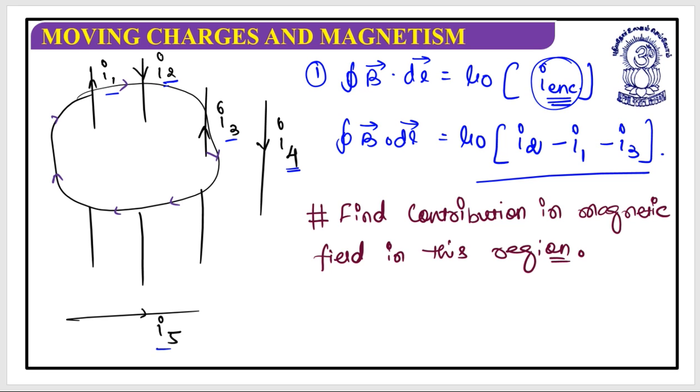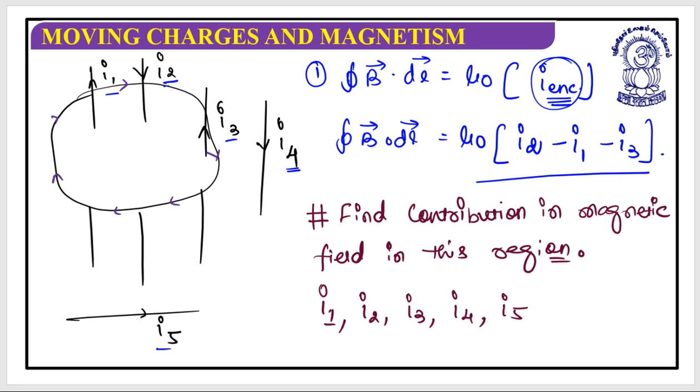When they ask for the magnetic field contribution in this particular region, I need to write the name of each one, everyone. I1, I2, I3, I4, I5.